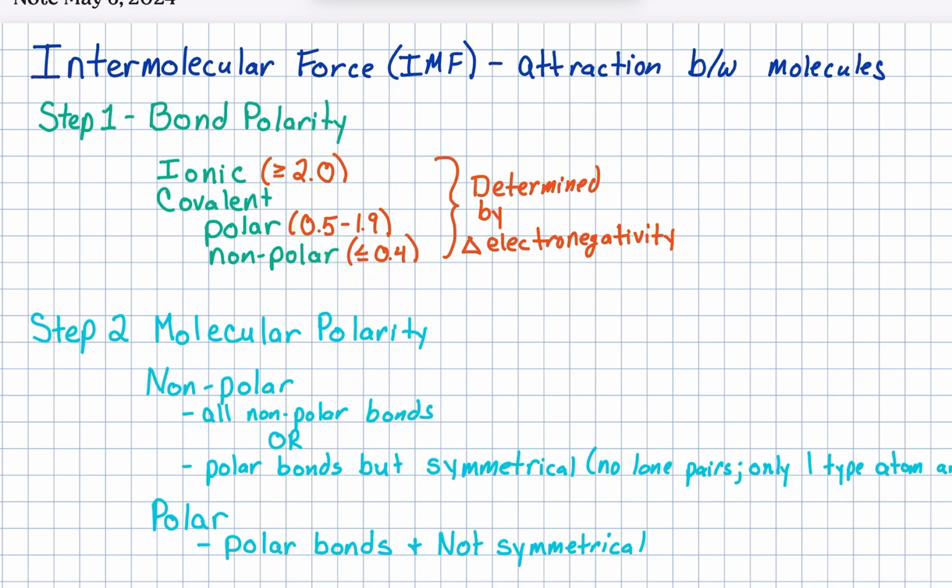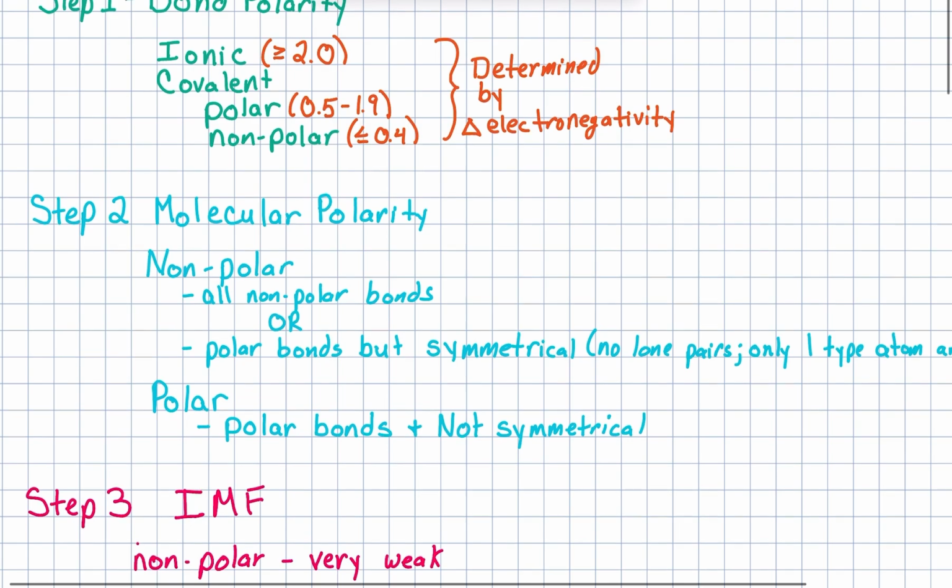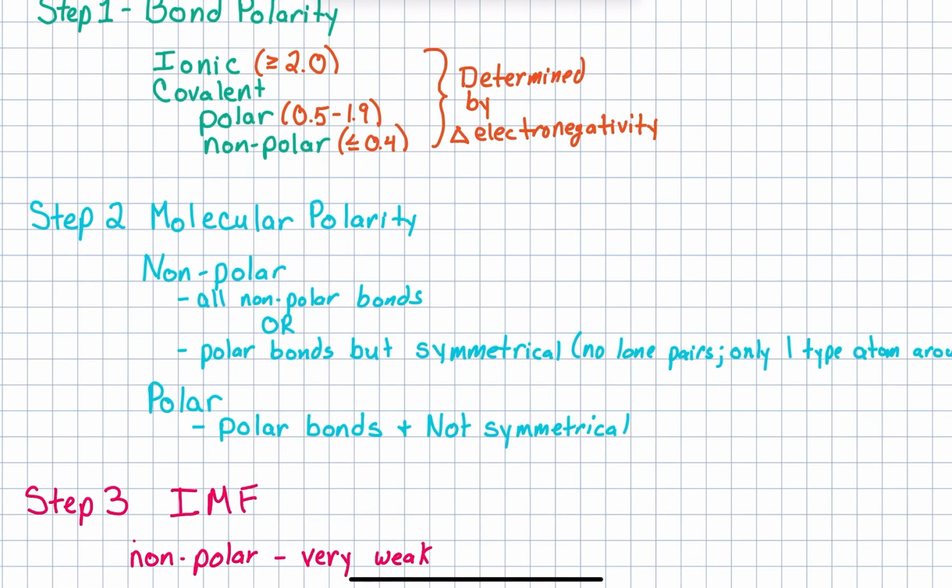Once we determine the bond polarity, then we use that for step two to determine the molecular polarity. So molecular polarity: the molecule is nonpolar only if all the bonds in our molecule are nonpolar, or if there are polar bonds but it's symmetrical.